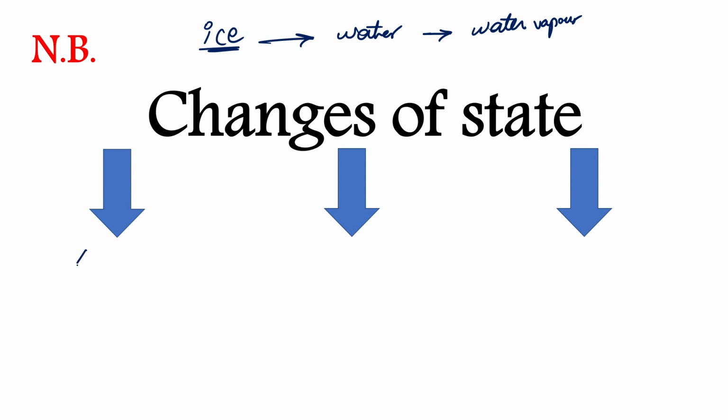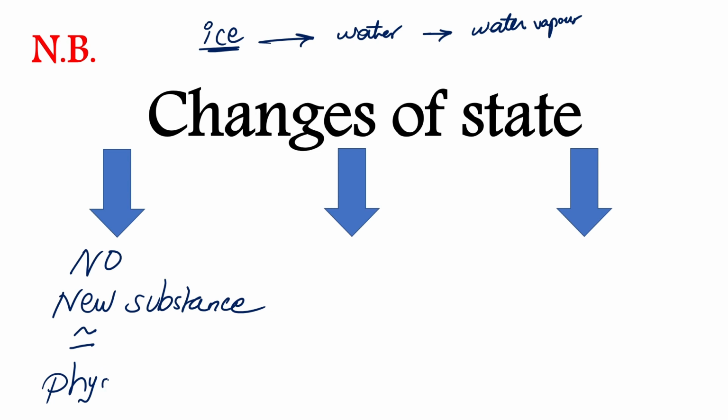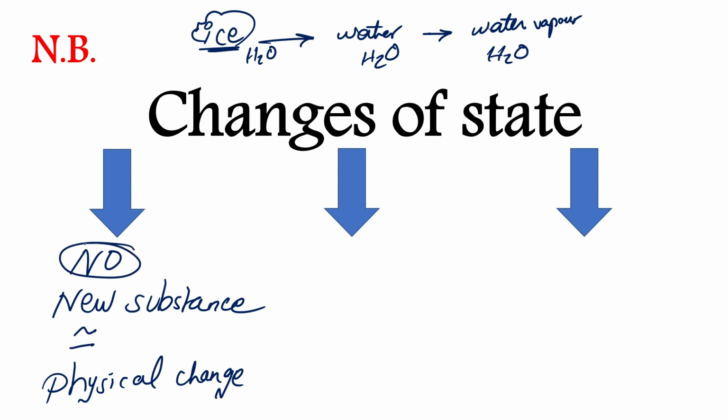No. So no new substance is formed. In other words, we call this a physical change. We have here ice, which is H2O. Water is H2O. Water vapor is H2O. So no new substance is formed.